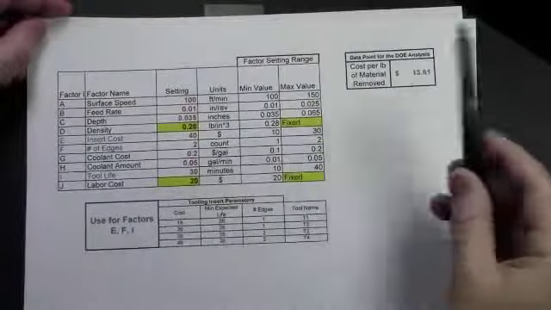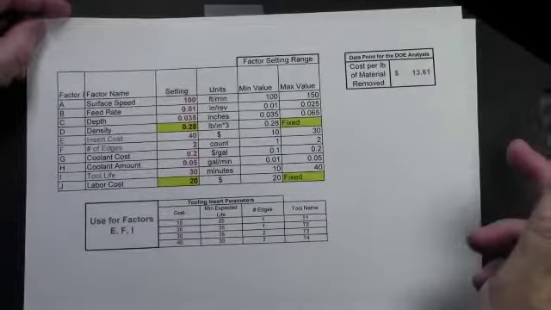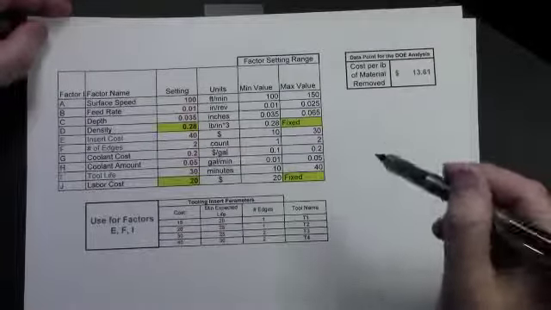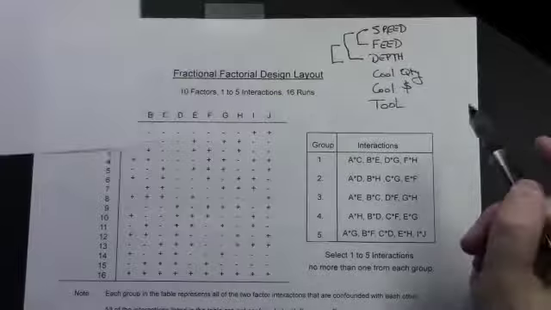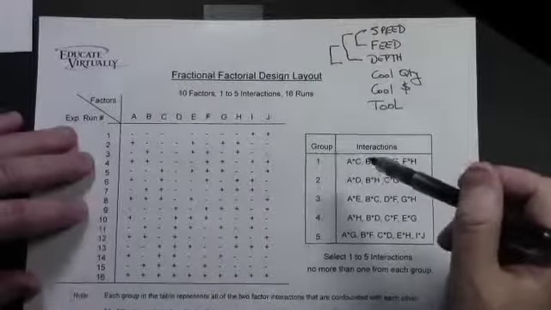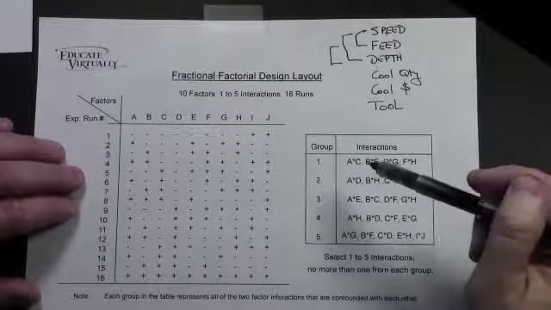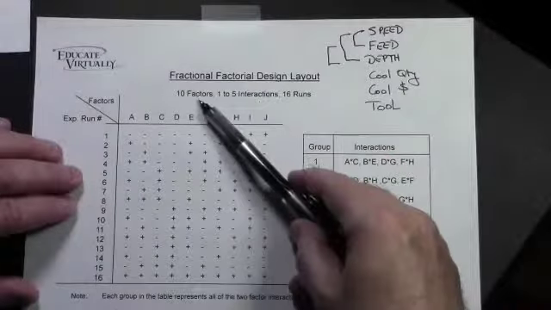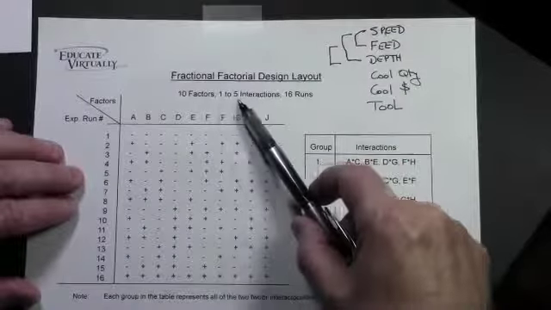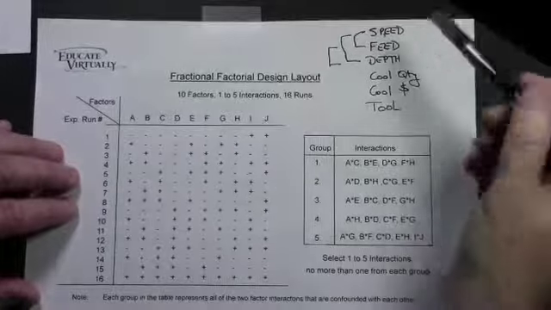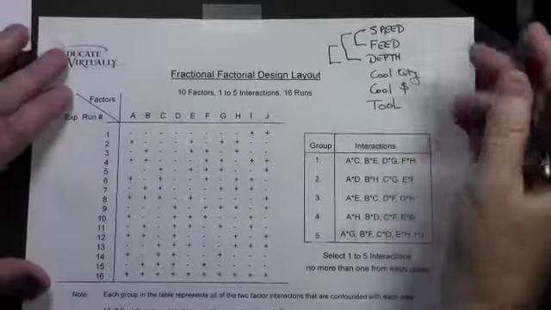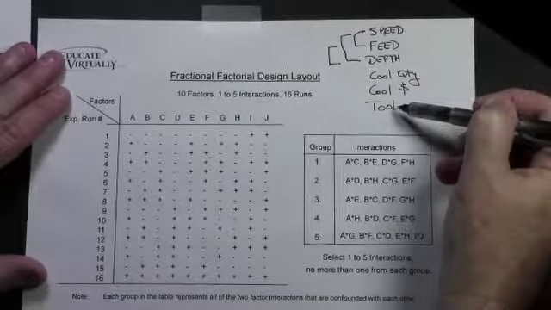Now, we can choose any of the designs that we've provided to you, but the one I'm going to use is going to be this 16-run Yates algorithm. We could study up to 10 factors and up to 5 combined effects. Now, I usually print one of these out. I make a list of here's the variables that we're going to study.